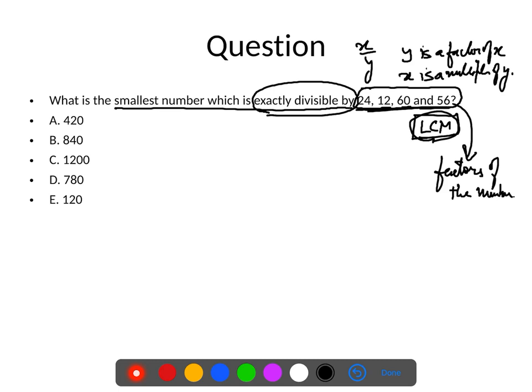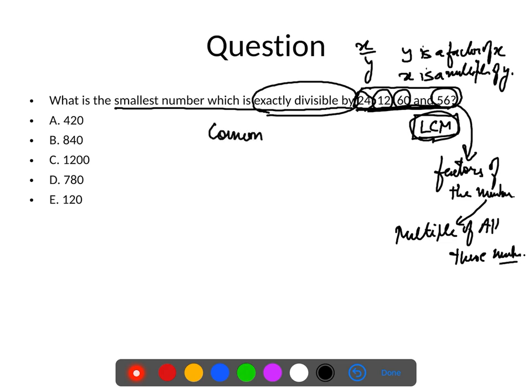Or we can say, if these numbers are factors of the number, that number will be a multiple of all these numbers. I repeat, that number will be a multiple of all these numbers. That's what we call a common multiple.